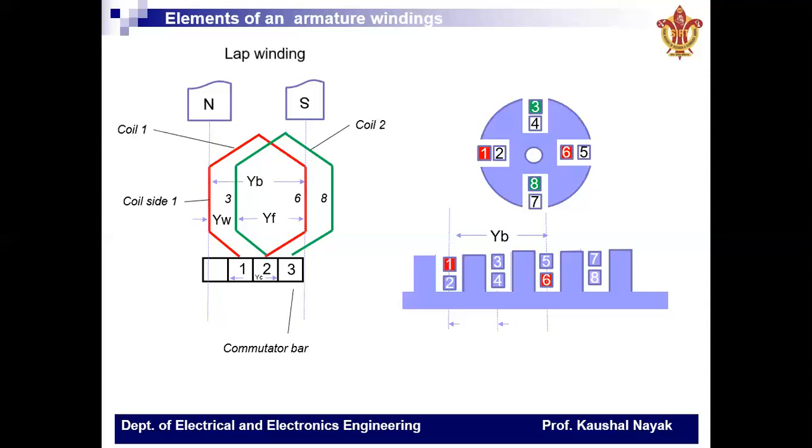Winding pitch is equal to the summation of back pitch and front pitch in wave winding, and the difference of back pitch and front pitch in lap winding. So the winding pitch for the given diagram is YB minus YF, that is 5 minus 3 equal to 2.